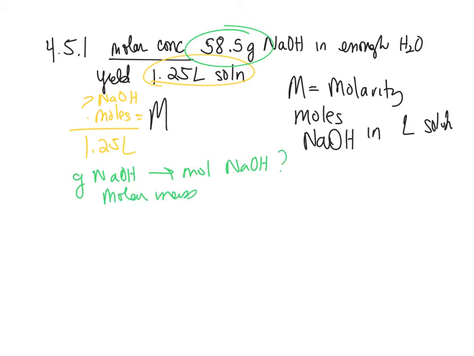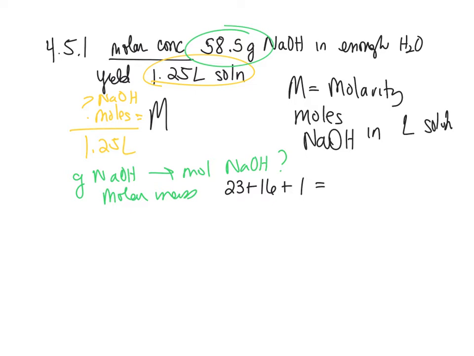And so molar mass of sodium hydroxide, you look at your periodic table. Sodium is 23, oxygen is 16, and hydrogen is 1.